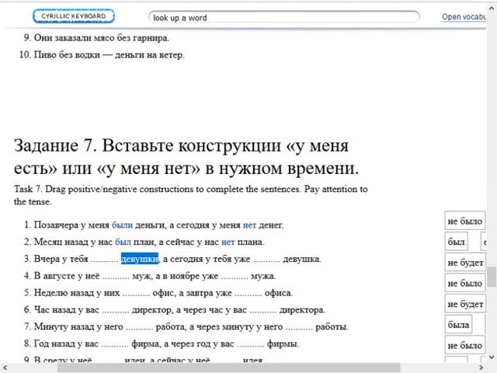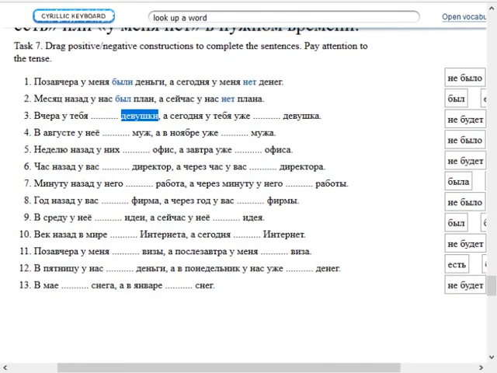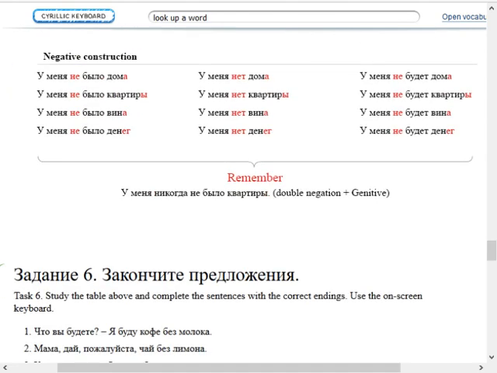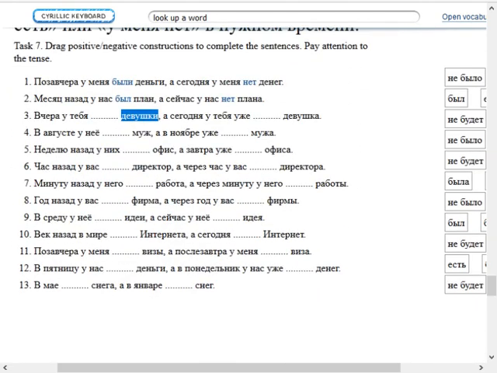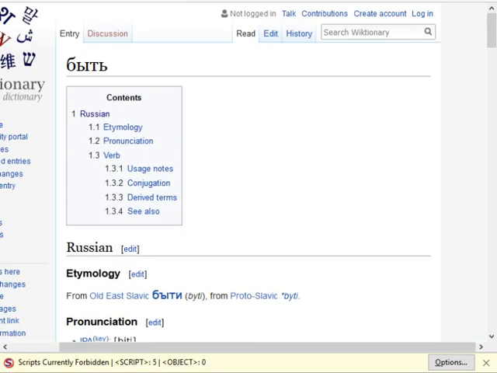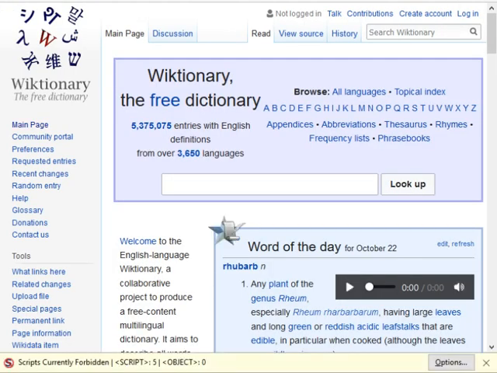He's saying yesterday you didn't have a girl, because something that ends in а, like девушка, becomes девушки, and we can actually open up another window of Wiktionary here and put in девушка.